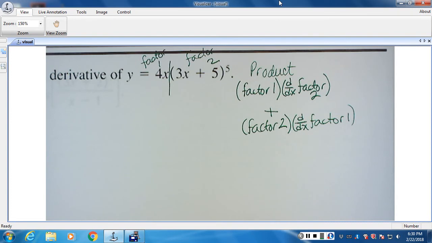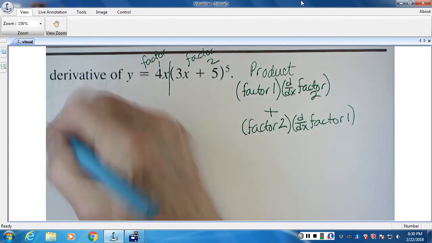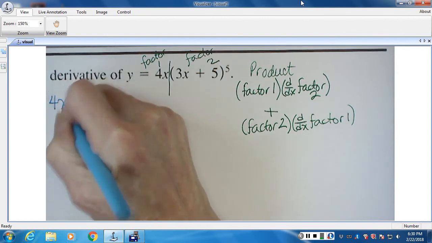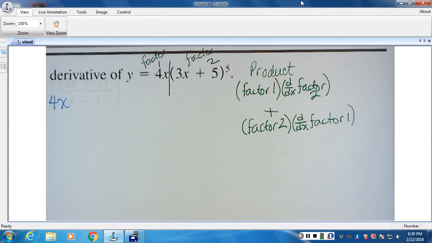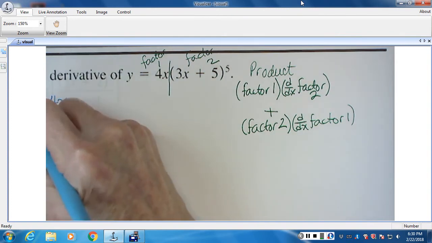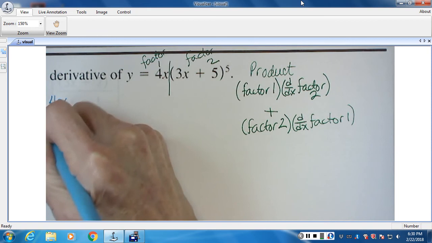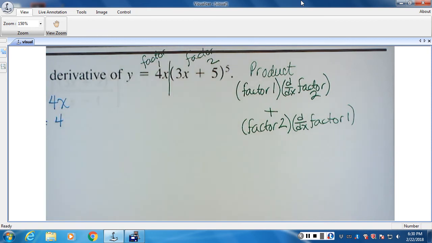So I'm going to go slow and step by step to make sure that you can follow me. The first thing I'm going to do is I'm going to take factor 1 and I'm going to take its derivative. And that derivative is just 4.